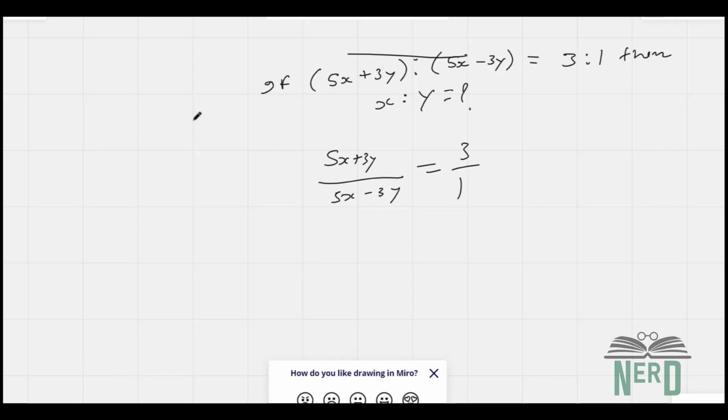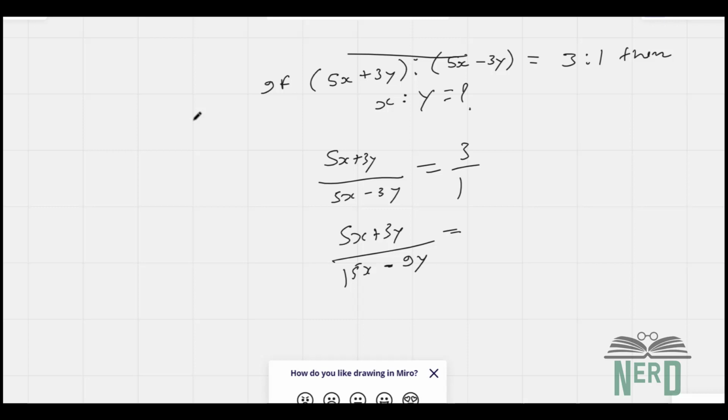It's kind of similar. So what we're gonna do now, if the equation is given like that, then we have to multiply it. So if we do cross multiplication here, the answer will be 5x plus 3y upon, we have 3, which is 15x minus 9y.